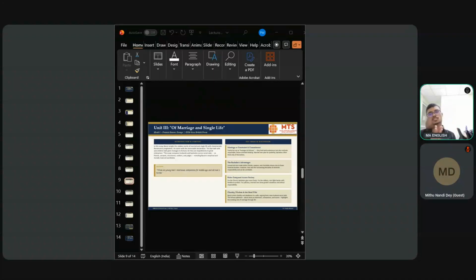However, Bacon does not simply favor the single life over the married life. He also argued that marriage disciplines and humanizes man. Married men, he says, think about posterity. They plan for the future, for their children and their grandchildren.